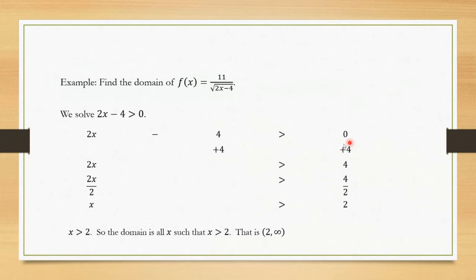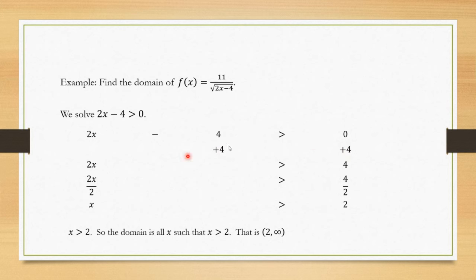Okay, so let's do that. So now we're using what we learned earlier from section 1.5. 2x minus 4 is positive. So we want to get x all alone, right? Well, let's get the 4 out of here by adding 4 to both sides.